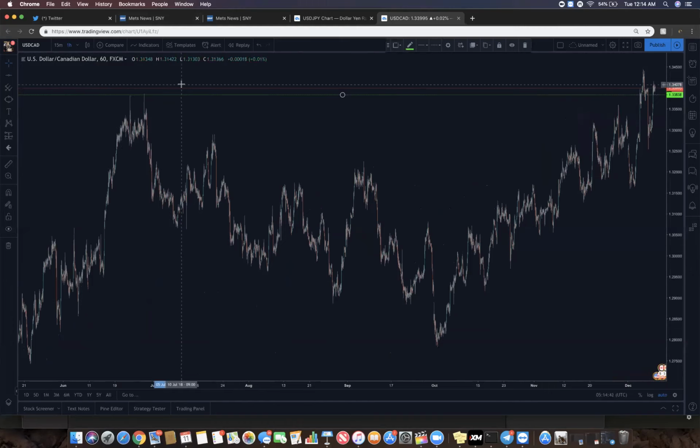The market's going up on the 4-hour chart, but on the 15-minute chart it's dropping, and now I'm getting scared because it looks like it's not going to go up. But the 4-hour chart is showing it's just a minor drop. So I want you to get comfortable looking at different time frames.